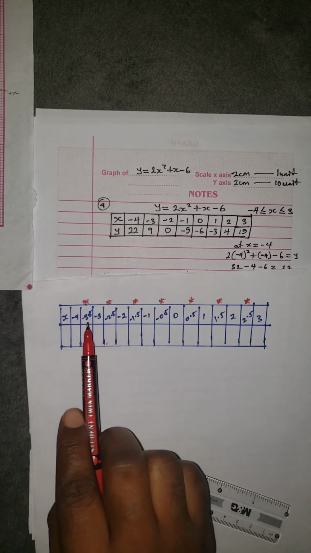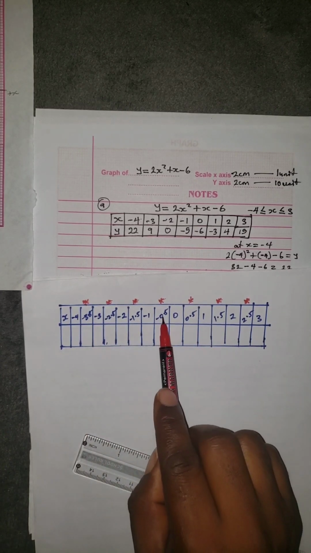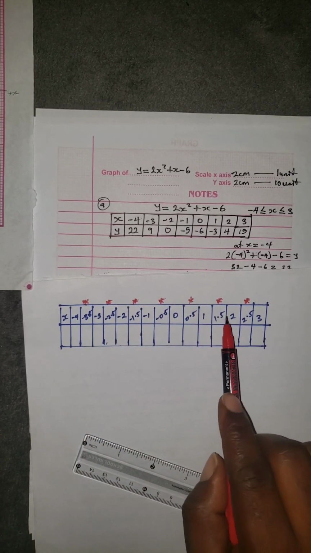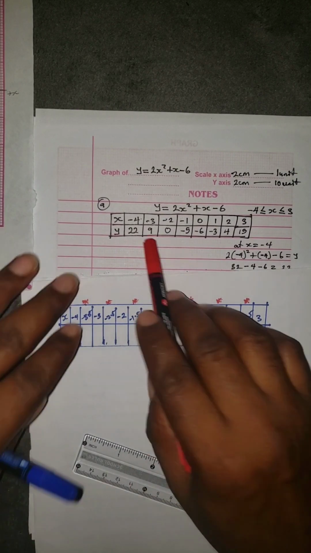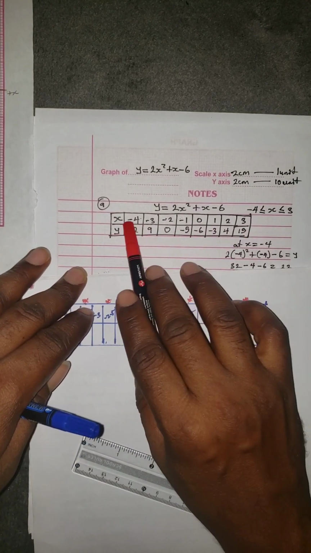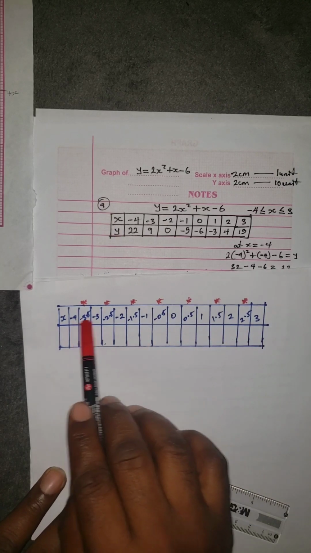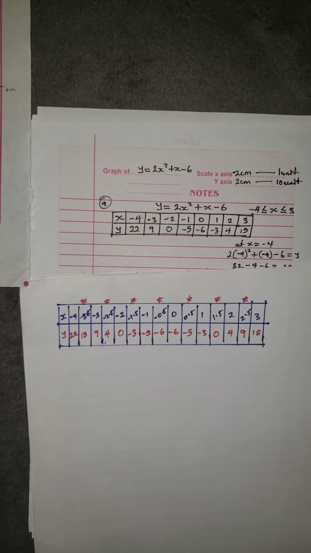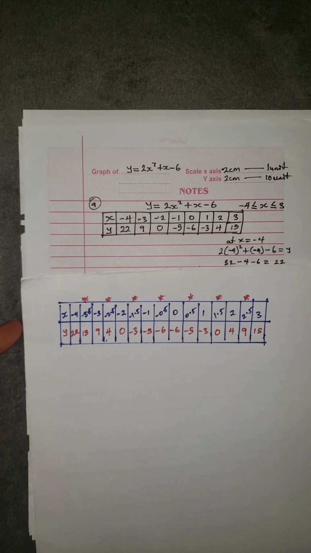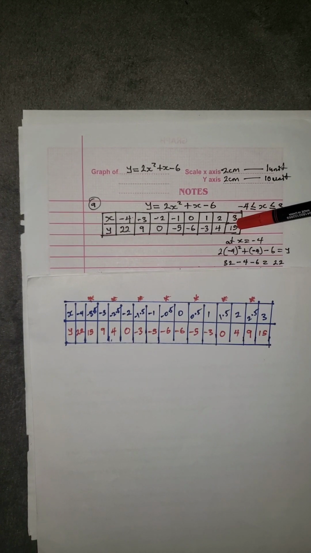Okay, so I now have -3.5, -2.5, -1.5, -0.5, 0.5, 1.5, 2.5. As I have gotten the corresponding values of my x numbers here, I also have to get the corresponding value of y for all the values of x. So let us do that. Fill in the table of values, just like the way we did this in the previous video on quadratic equations.